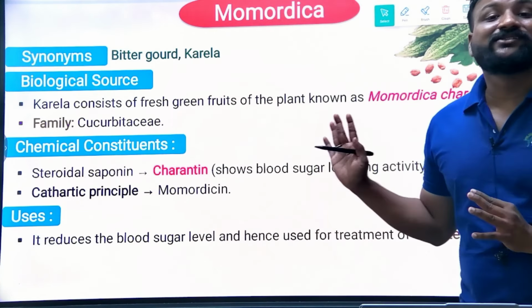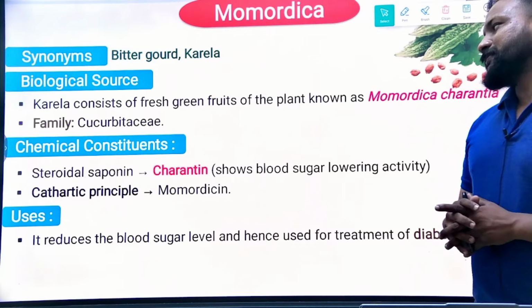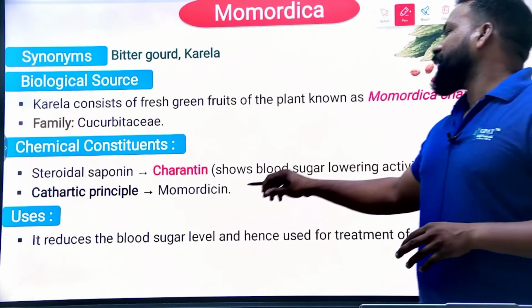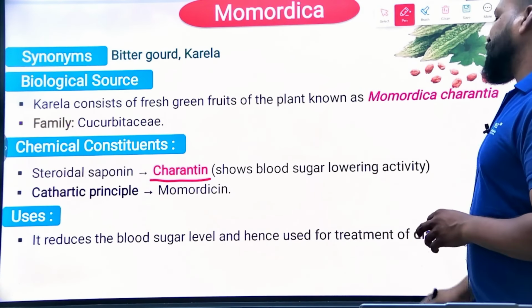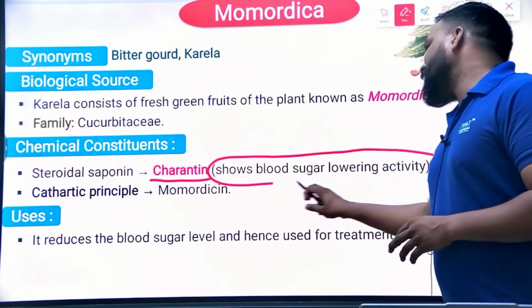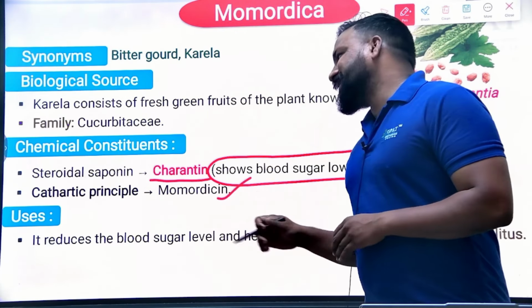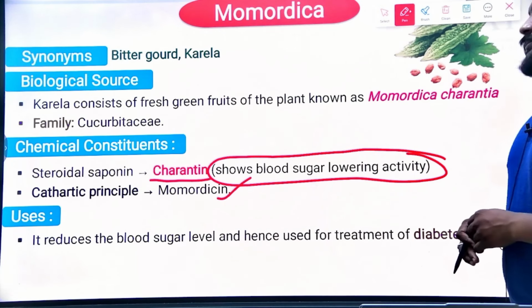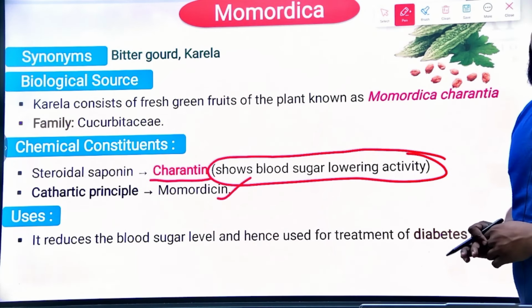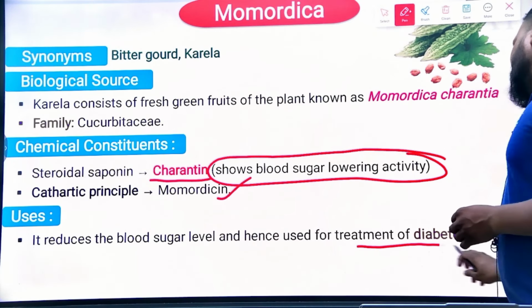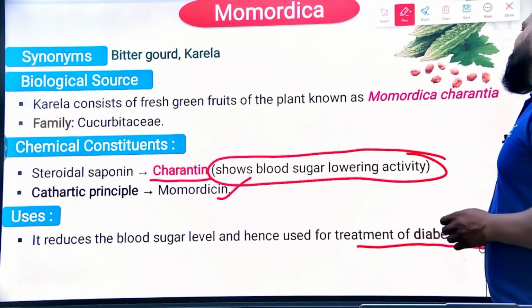It also contains a steroidal saponin called charantin, which has the anti-diabetic property, and momordicin contains a cathartic principle. We know it is mainly used to treat diabetes mellitus.